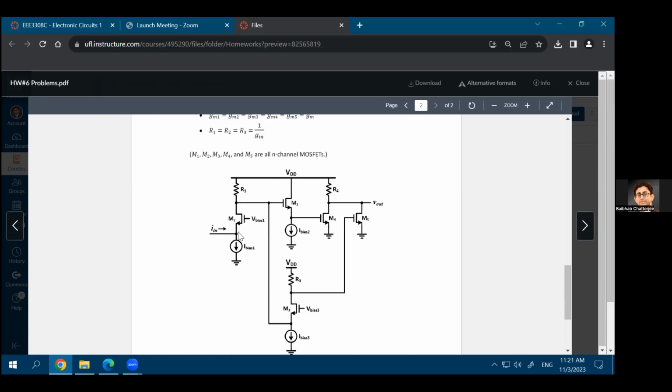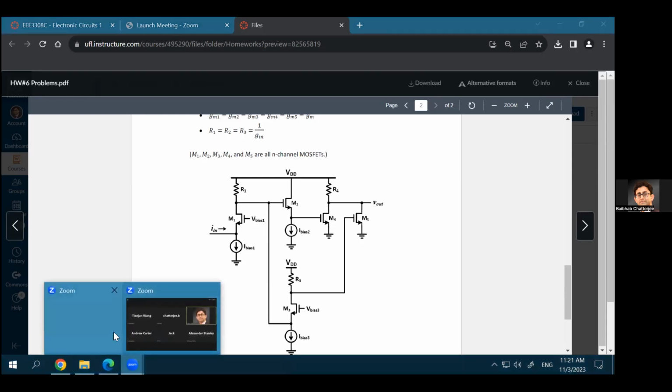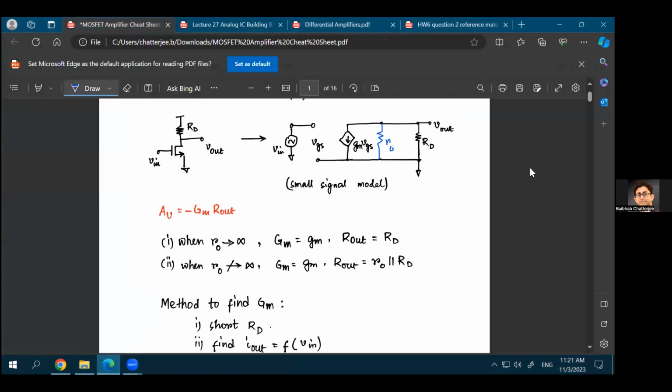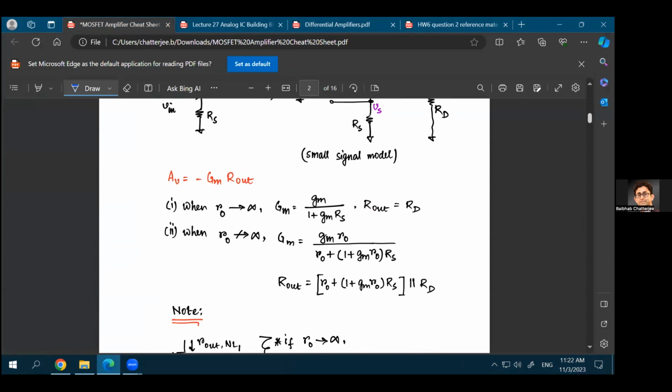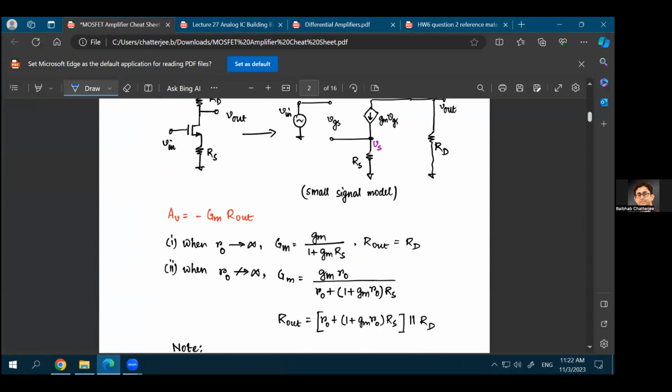So first you identify the topology that, okay, this is the common gate. Now for the common gate, I mean, you can go back to the cheat sheet. It's basically the common gate will be very similar to your common source, but the polarities will be reversed.